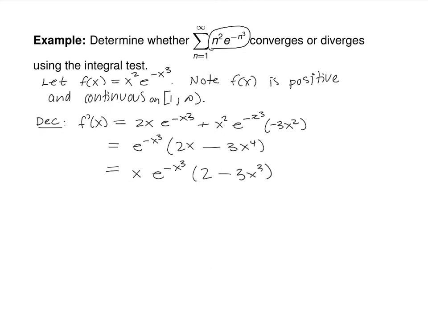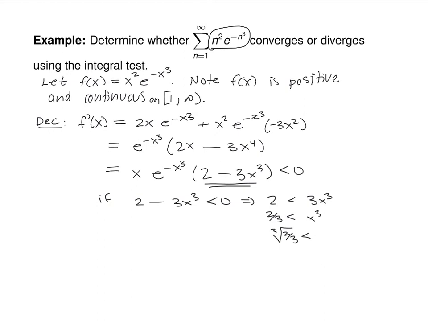Now this will be negative if this component is negative, so this is less than 0 if 2 minus 3x to the third is less than 0, which implies that 2 is less than 3x to the third. 2/3 is less than x cubed, or the cube root of 2/3 is less than x.